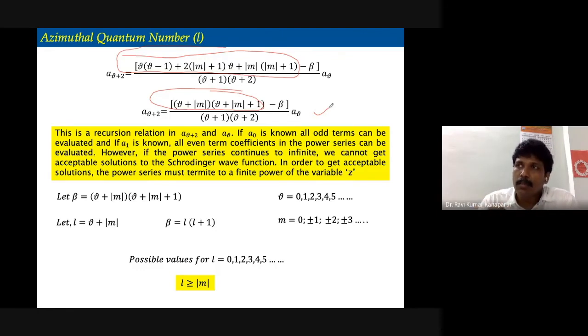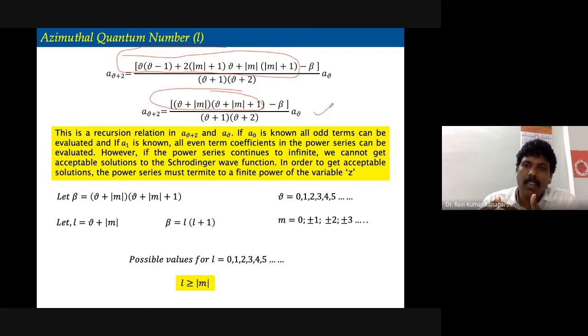By knowing A1, A3, by knowing A3, A5, by knowing A5, A7, all the odd term coefficients can be calculated. Similarly, if A0 is known, A2 can be calculated, and if A2 is known, A4 can be calculated. If A4 is known, A6, and so on, all the even term coefficients can be calculated.